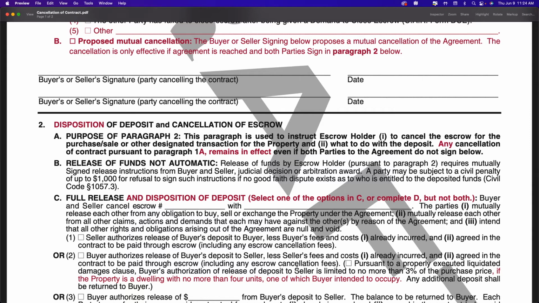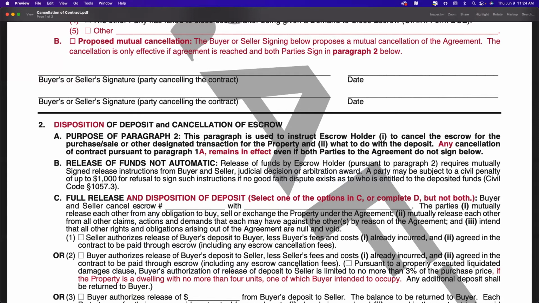The buyer has removed all of their contingencies. All of them are gone. And the seller requests the buyer to release the deposit. The buyer refuses to sign, which means they either have to go to small claims or mediation, whatever it is. They have to get somebody to intervene and direct for those funds to be released to that party.